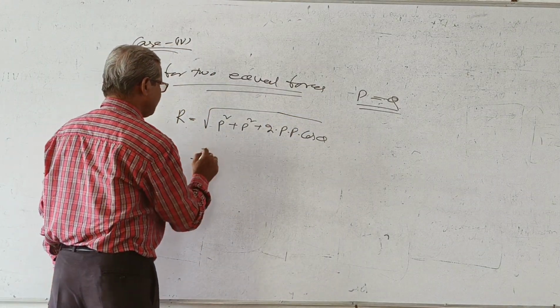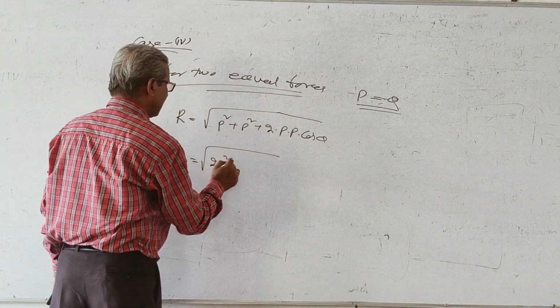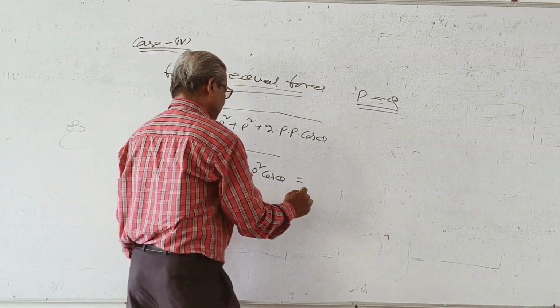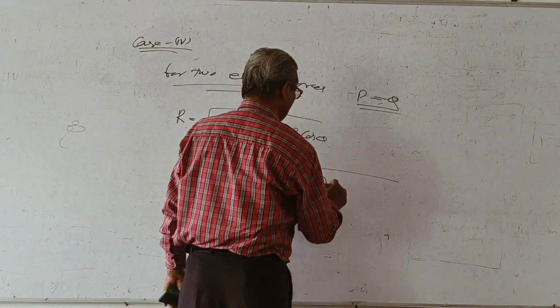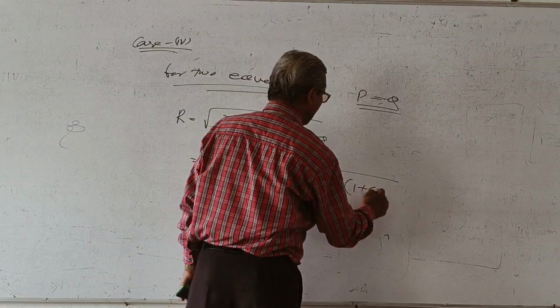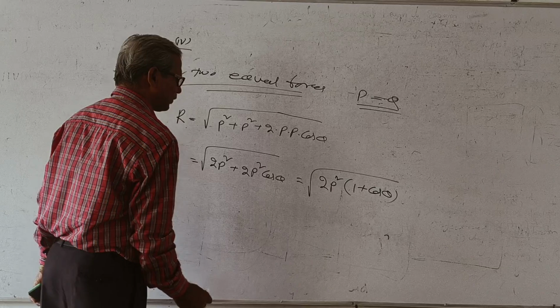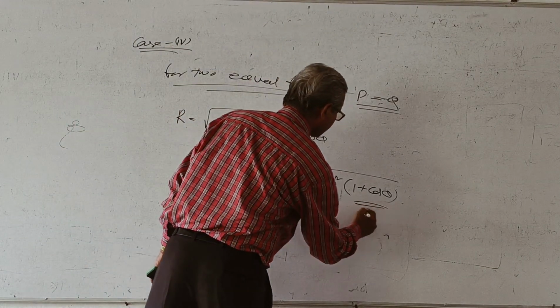This is root over 2P square plus 2P square cos theta. This is root over 2P square into 1 plus cos theta.